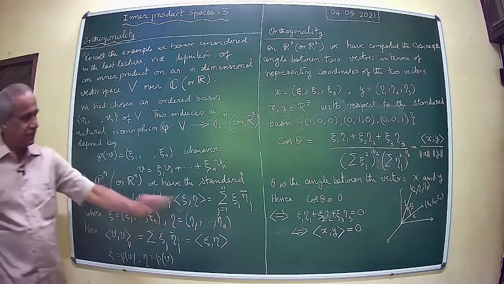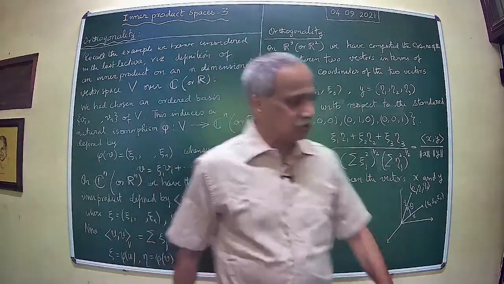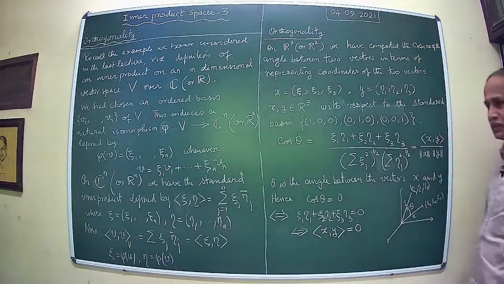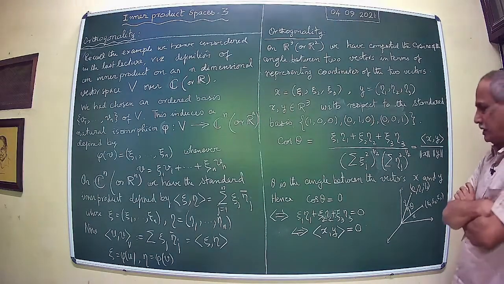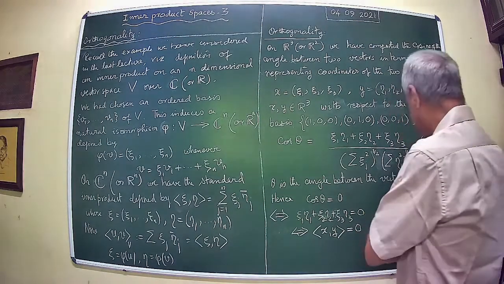The same case in R2. In R2 you will have only two components and you can easily work this out, or we have already done it. If we have not done it, we can easily work it out.